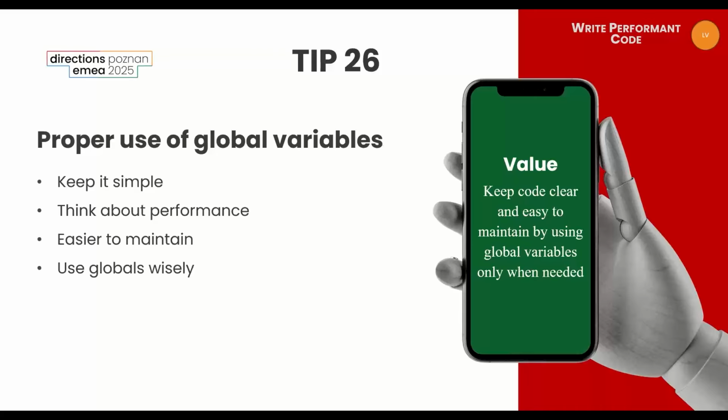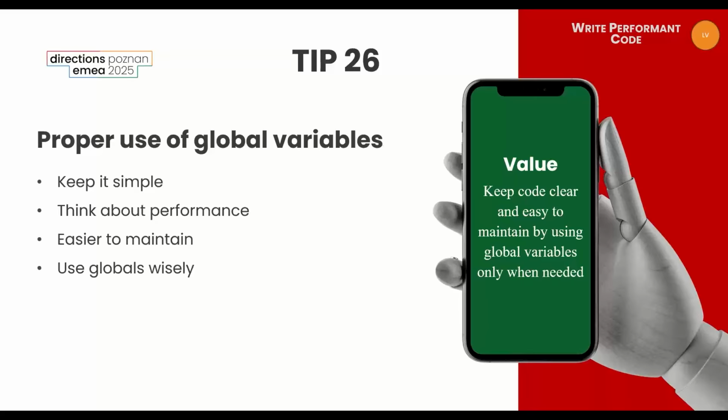Because it's also a performance thing. Especially, well, in general, keep your code clean and easy to maintain by using global variables only when needed. So be, as a developer, precise in what is global and local, so that nobody following you later on in the code starts to doubt, why is this a global variable?